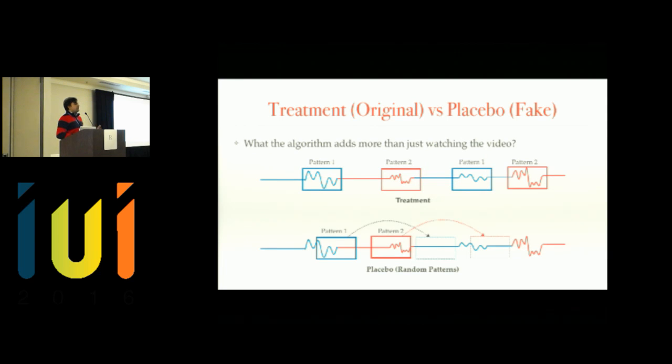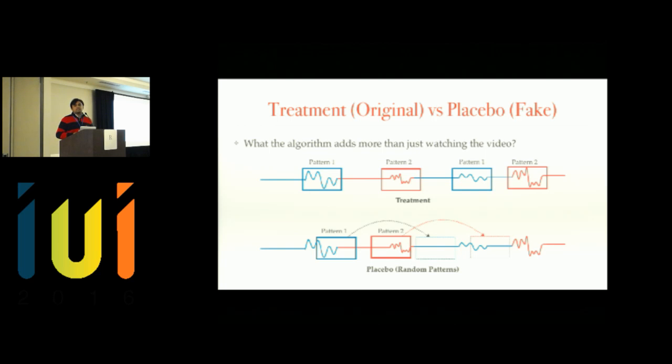Now, before I describe the study design, let me also talk a little bit about the treatment interface and the placebo interface. We designed a fake AutoManner interface that looked just like the AutoManner, but the patterns were not extracted using our algorithm.